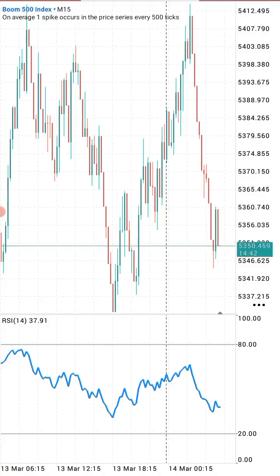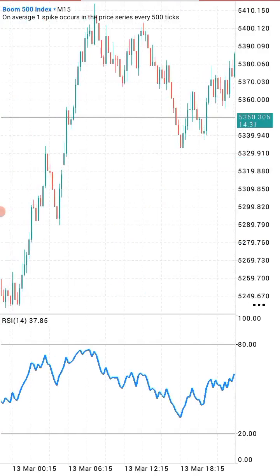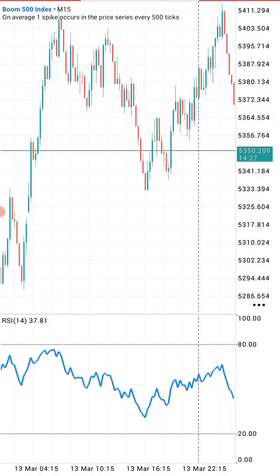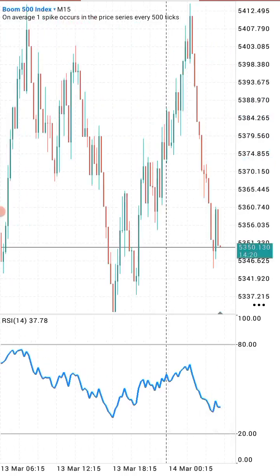Meanwhile, let's talk about the perfect exit now, because entry alone does not make a profitable trader. Here are two strong exit strategies. The first strategy is the opposite extreme of the RSI. You have to exit when RSI approaches the opposite extreme level.